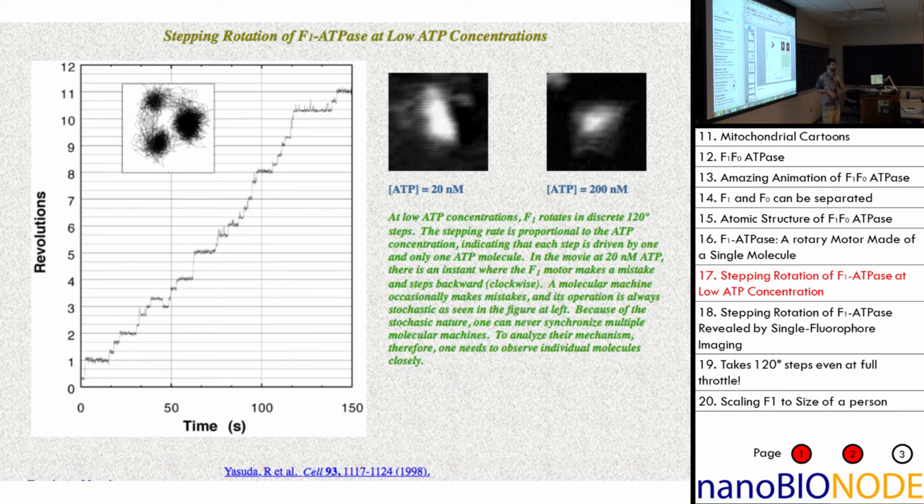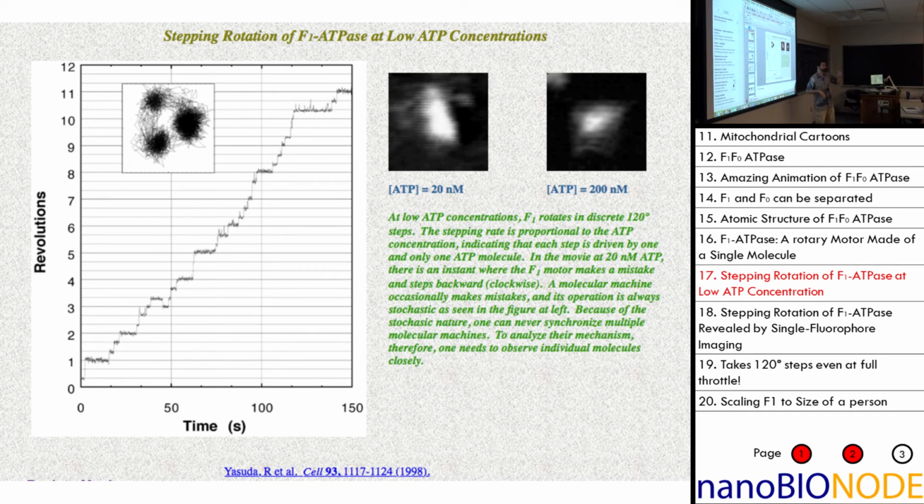And there is, of course, a lot of other work. In particular, he put an actin on top of it and then watched it move. But there was a lot of work that went into this.